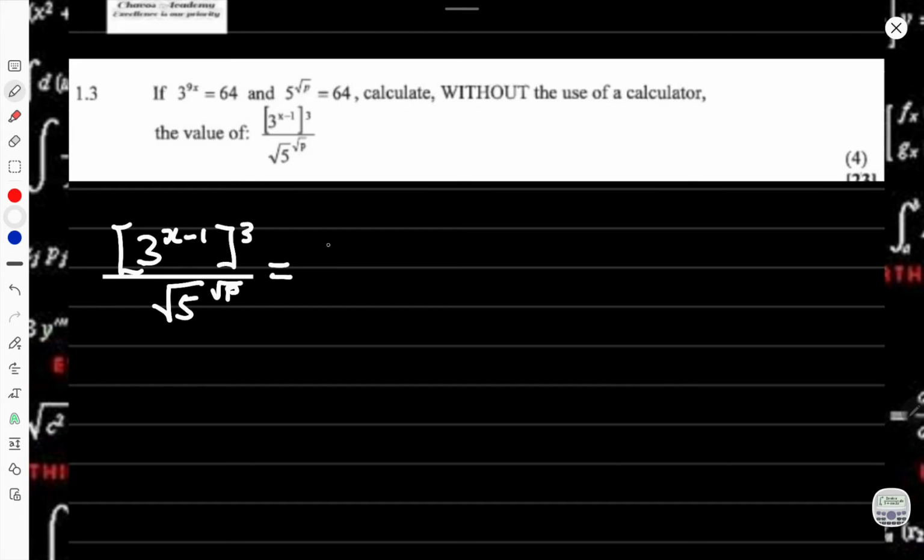This is the same as 3 to the power, we multiply the 3 here and the 3 there.